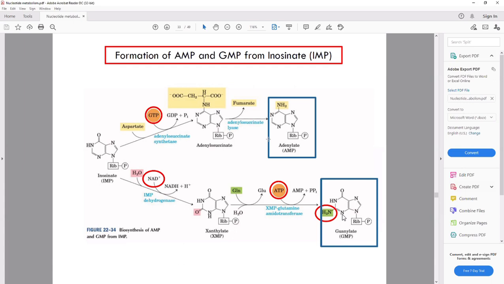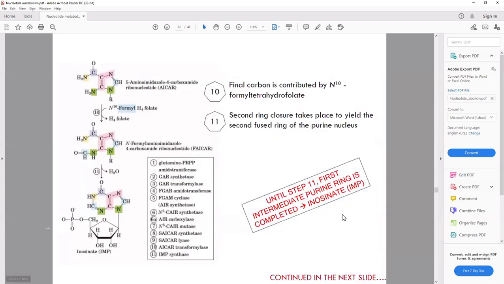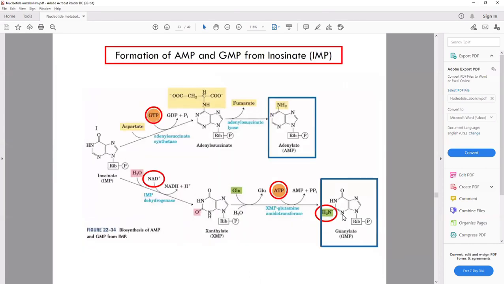Same goes for GMP. The synthesis involves the formation of purine, but to function as a nucleotide you need to have all of that. That's why in purine, the structure is directly attached to ribose, compared to pyrimidine.